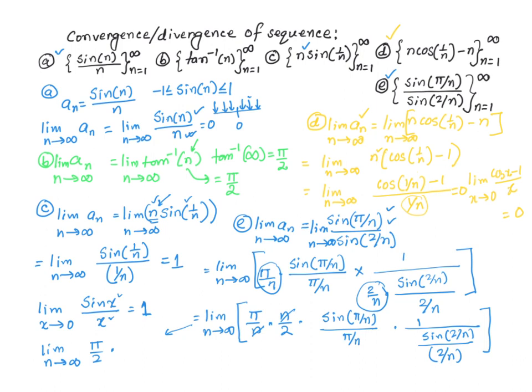Let me simplify things here to save space. This one is going to go to 1, by the way, as a sine of x over x type expression as n goes to infinity. So will this. So you're going to have 1 times 1 over 1, right? So that goes away. Ultimately the limit of this thing is going to be pi over 2. And that should be your limit for the very last sequence.